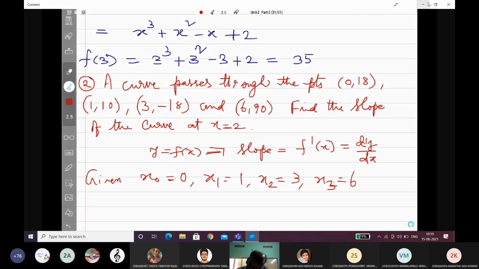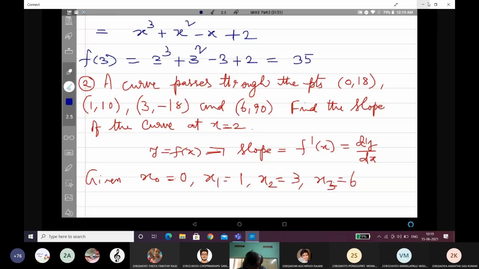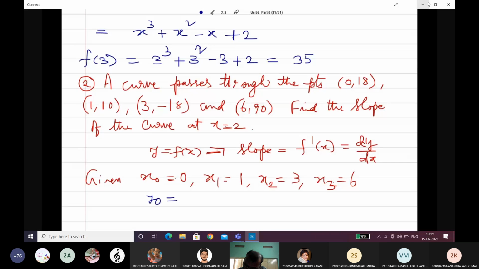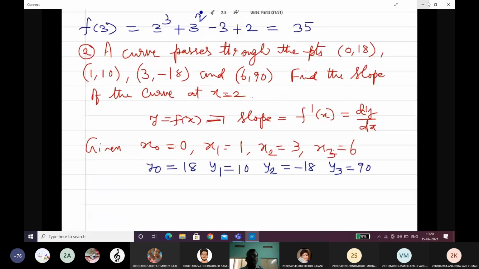Similarly, y naught is equal to 18, y1 is equal to 10, y2 is equal to minus 18, y3 is equal to 90. As usual, first we have to find the polynomial, cubic polynomial.